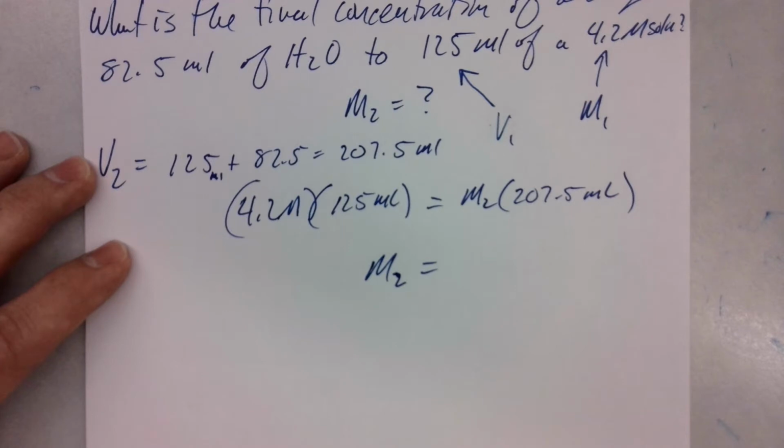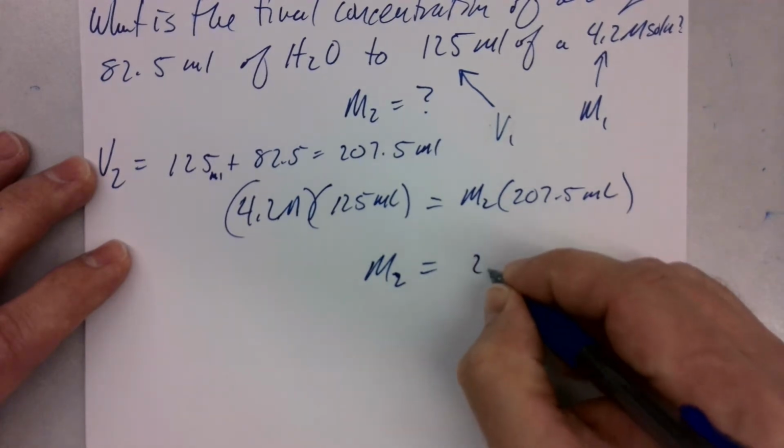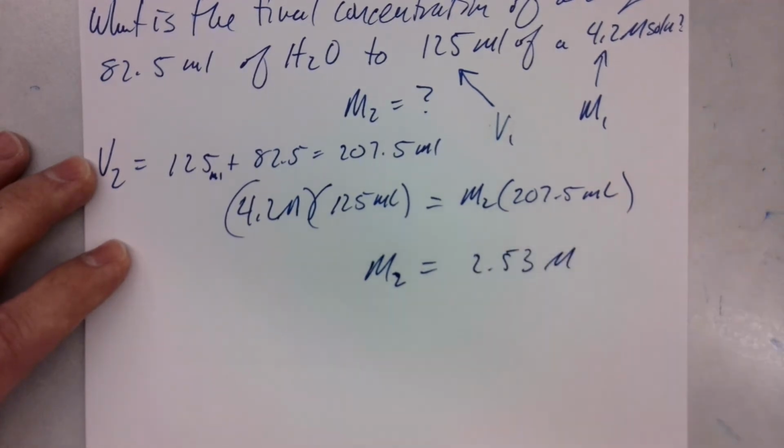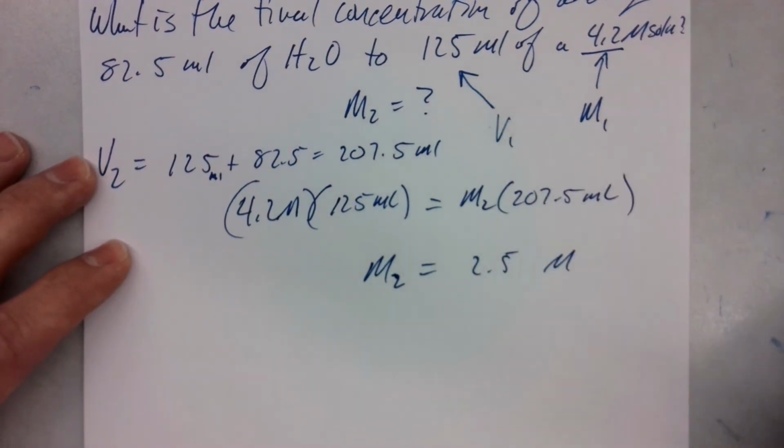Oh, just spit it out. 2.53 molar? Yeah, but that only has 2 sig figs. My answer can only have 2 sig figs, right? So I'm going to erase that 3.